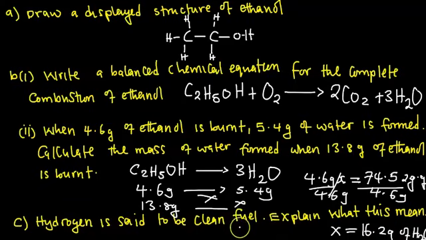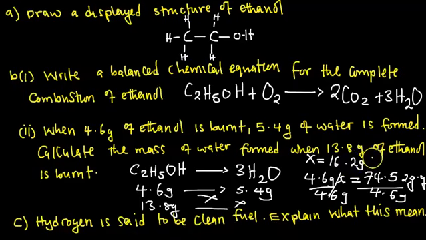Hydrogen is said to be a clean fuel. Explain what it means. What it means that hydrogen is said to be a clean fuel is that when it burns, it does not produce pollutants. That is what it means.